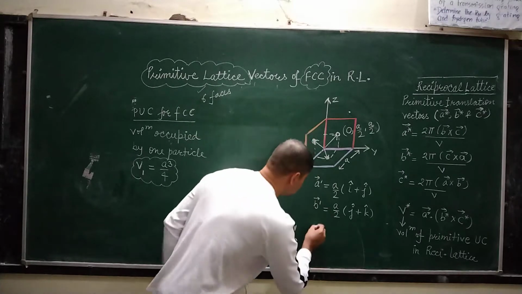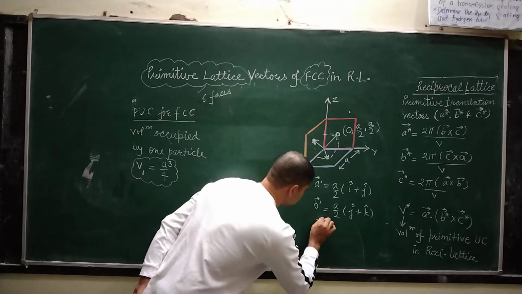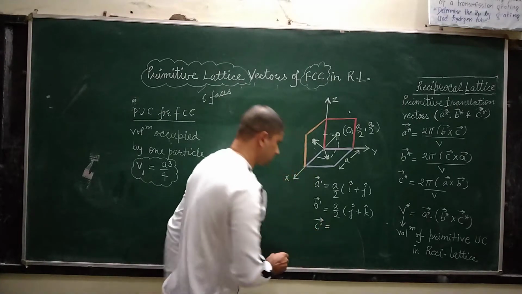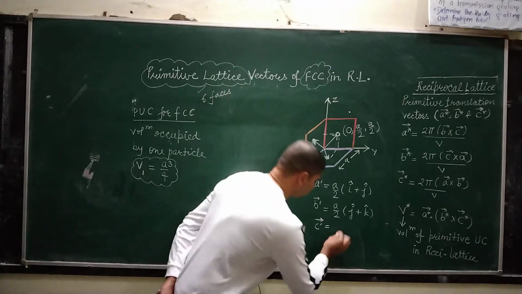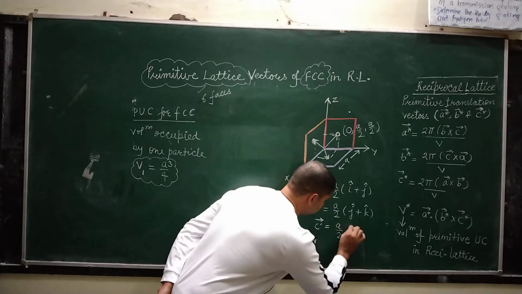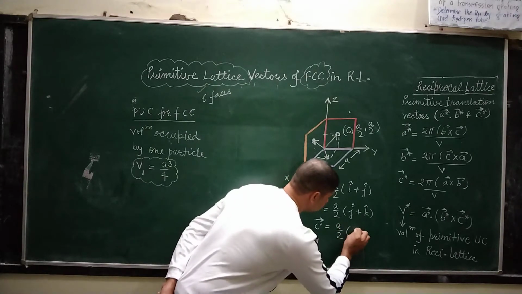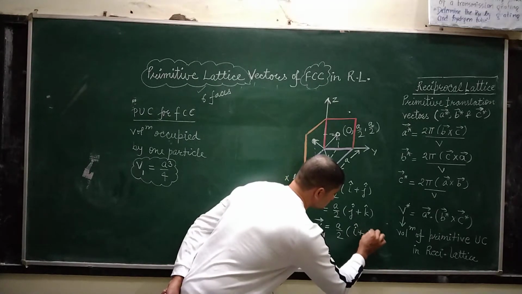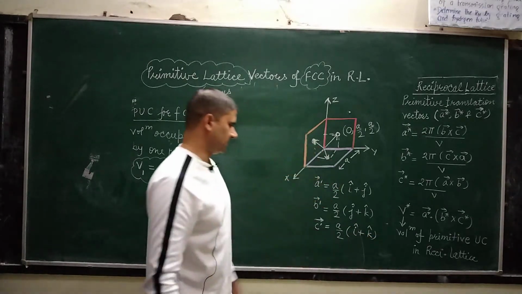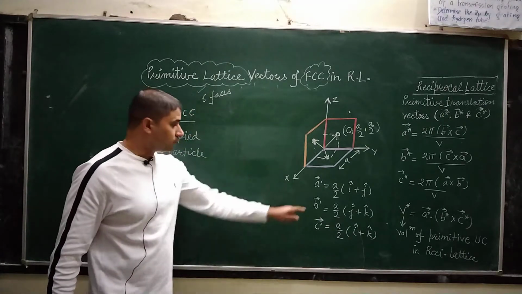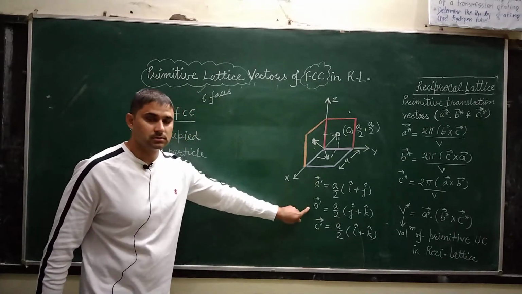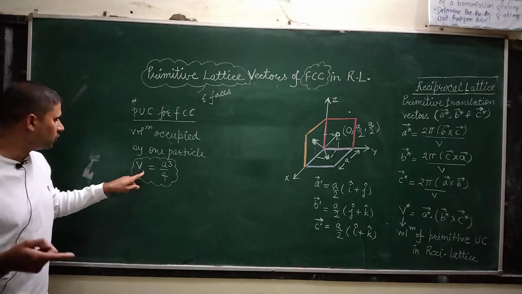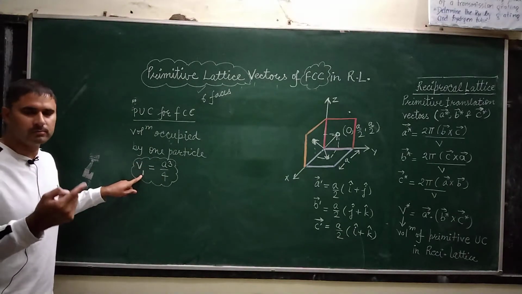So if you write the primitive vectors in the direct lattice, C dash will be A by 2 into unit vector I plus unit vector K. Okay class, if you find the volume of this cube, then it will be A cube by 4, the volume occupied by one particle.